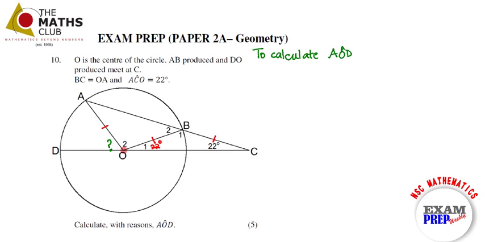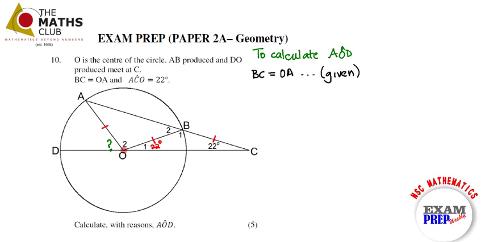And I'm going to start exactly doing that to see if I can find the size of angle AOD. Now, while I've indicated these things on the diagram, I still need to write them as statements and reasons in order for me to get marks. So what I'm going to do, I'm going to start with the fact that the side BC is equal to the side OA. And the reason for this is that it is given. I was told that BC is equal to OA.